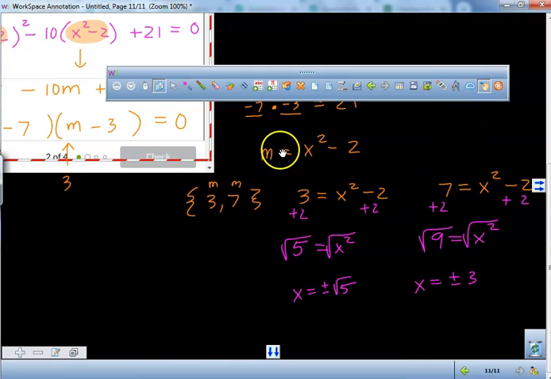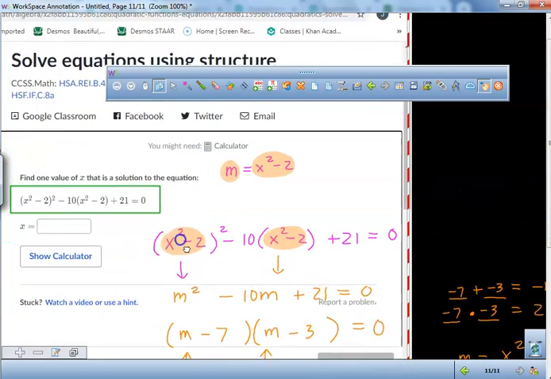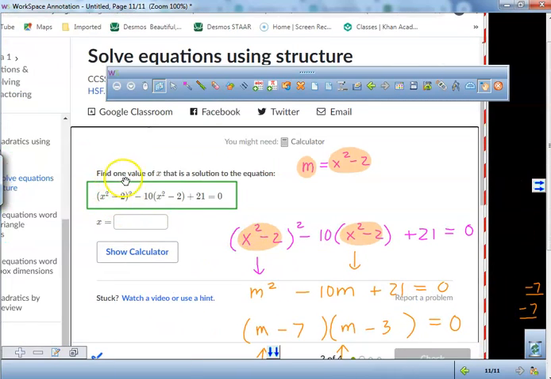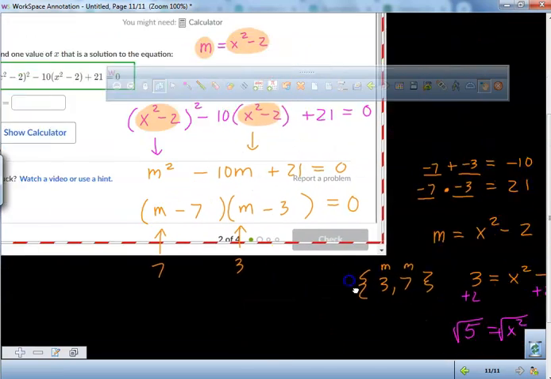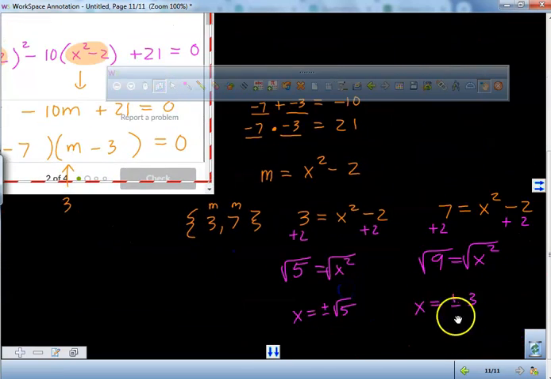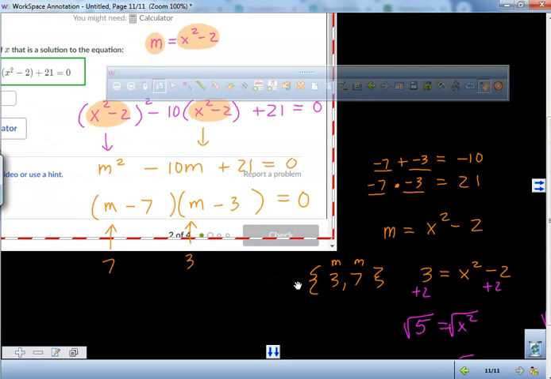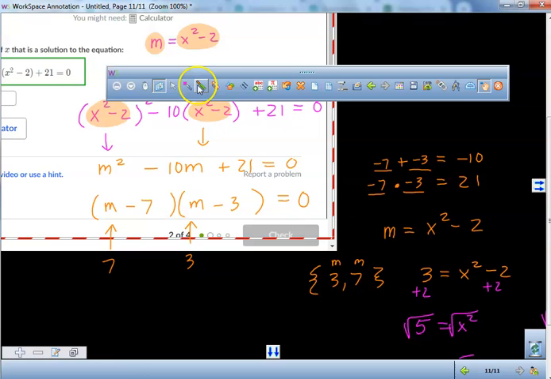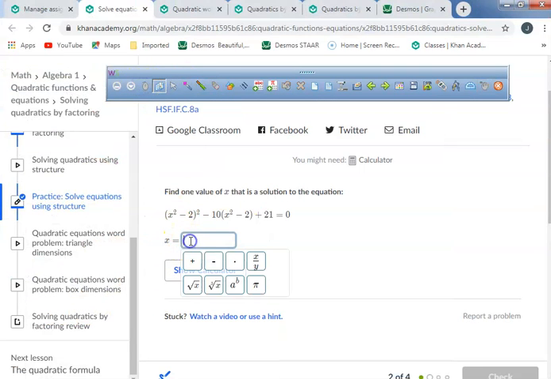Okay, but here's the good news. You don't have to type in all the answers. Look, what does it say? Find one value. So technically, I could type in any of these and it should work. All right, so I'm going to go over and we'll take a look at our options. So here we go. Interesting. When I hit this, what pops up?